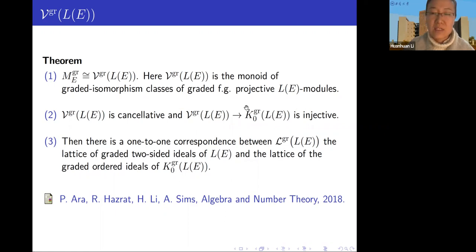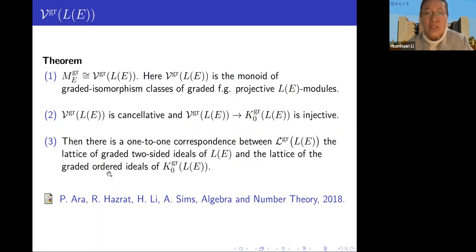So this injectivity tells us this monoid actually contains much information for this Leavitt path algebra. That means when we start from the monoid and go to the group, the graded Grothendieck group, we do not lose any information, and we also have a one-to-one correspondence between the lattice of graded two-sided ideals for the Leavitt path algebra and the lattice of graded order ideals for this graded Grothendieck group.